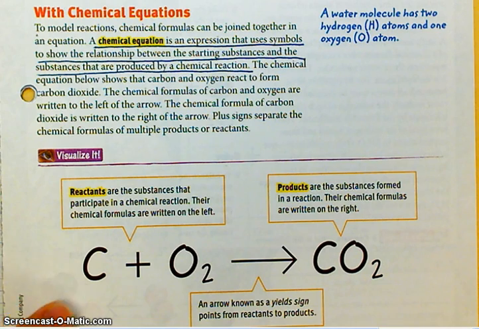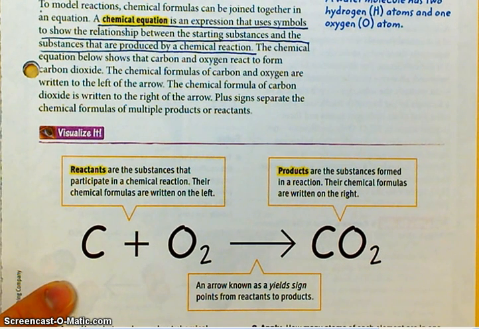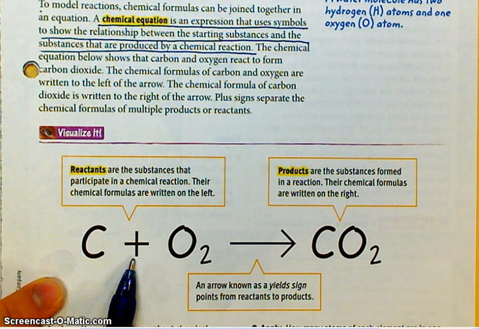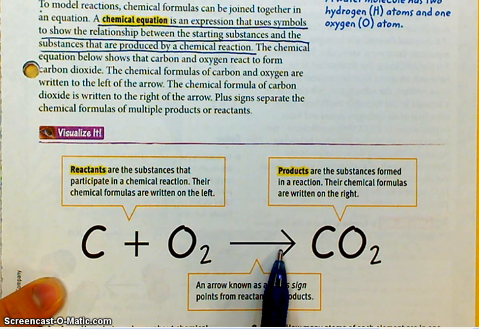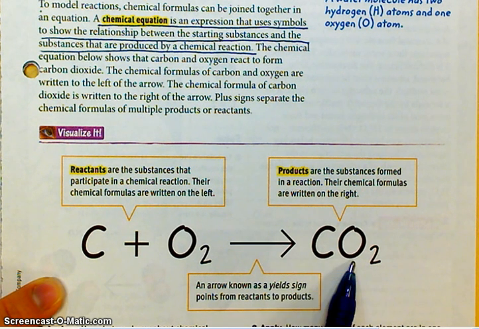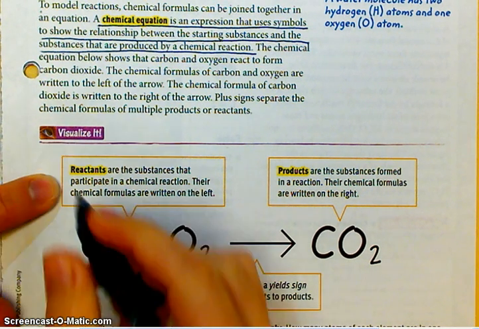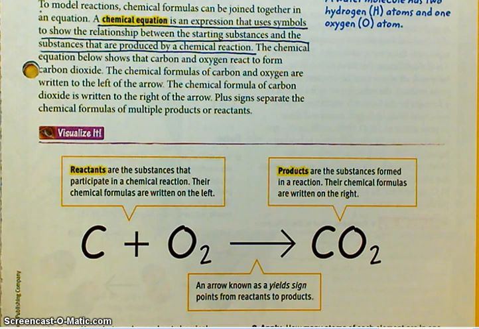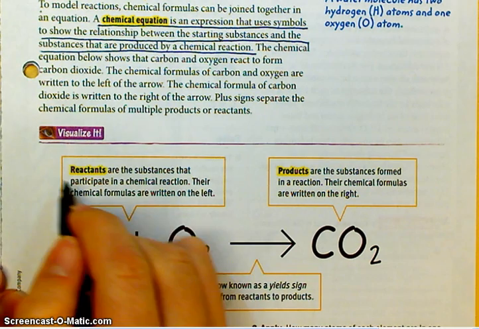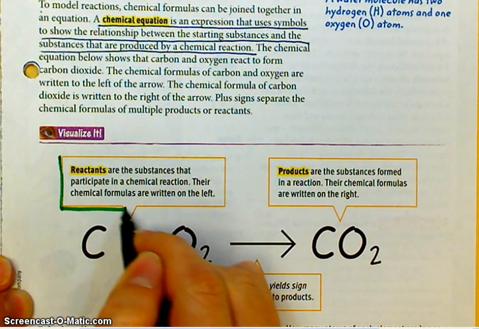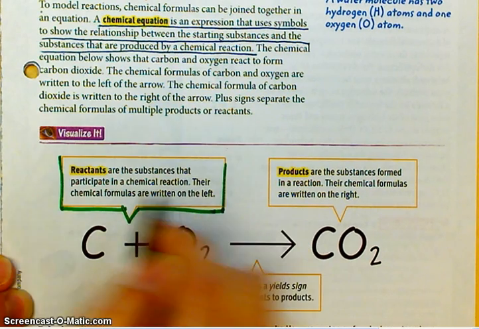Okay, so for instance, down here, we have a chemical equation that has carbon and oxygen reacting to make carbon dioxide.